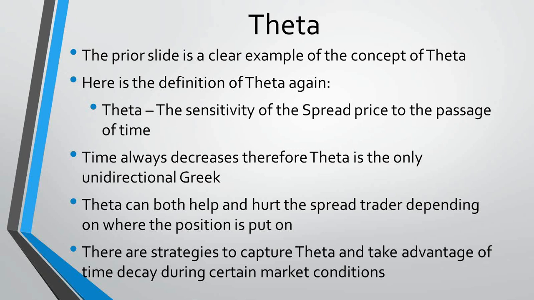Then there's a certain optimal place you can put on a spread. Is the underlying gone stagnant and not really moving? Is volatility going up, or coming down? The point is to understand how these Greeks affect the spread at different places. As you become a more advanced trader, you can learn, okay, in these market conditions I know theta works in my behalf at this point, so this is where I might want to put that on.